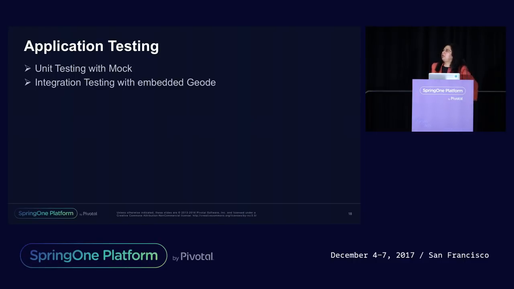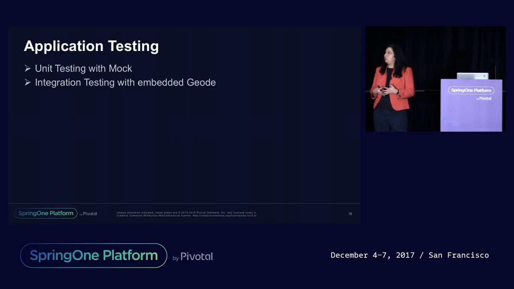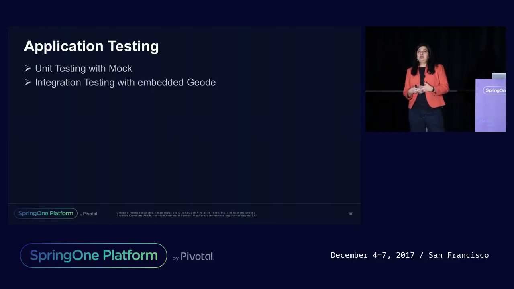So let's talk about application testing. Typically, when you do your unit testing, you're running with mocks. So why would it be different when you're doing your Gemfire deployment? We'll talk about how we can mock our Gemfire functions and how we can do mock unit testing. When we work with databases, we use an in-memory H2 database, and we run our unit integration tests using this in-memory database.